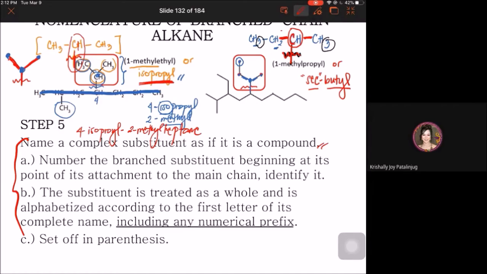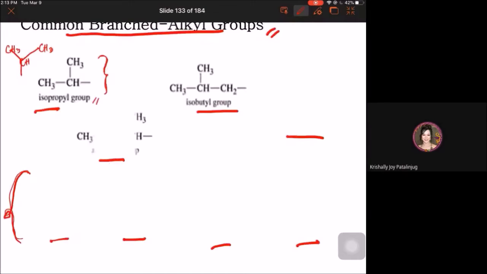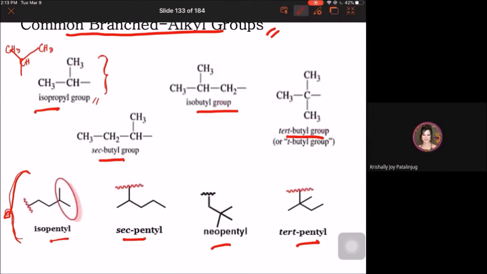Kung nag-or ka, this could be the name, naghatag ka ng isa tapos nag-or na wrong, yun na per name mo answer kasi isa lang ang ihahatag na name. So ito yung pinaka safest yung step 5. But still I will encourage you to use kahit isopropyl, kasi madali lang ma-identify ang isopropyl.